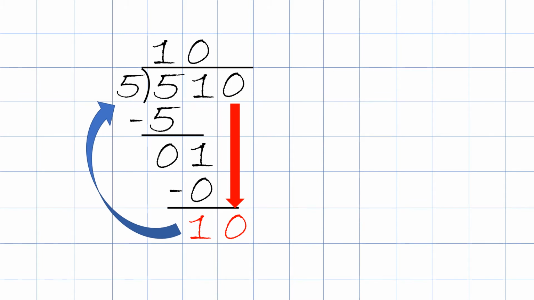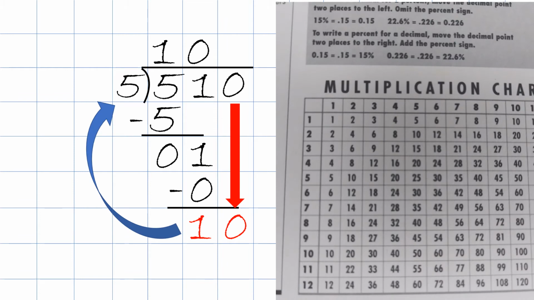Once again, you could do this in your head, or we could use the multiplication chart. So come up here in the 5 column, we highlight the 10, and 10 divided by 5, when we draw the arrow straight to the left, the answer is 2. And we put the 2 on top of the 0 right here.